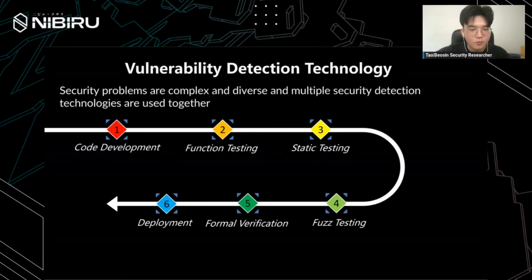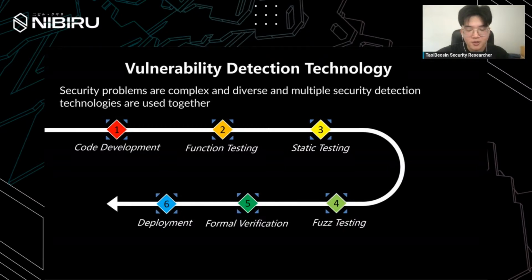So first, we need to do the code development. I want to add some comments in here. Before you do your code development, you need to design a rigorous business logic in your protocol. That's the prior thing before you do the code development.